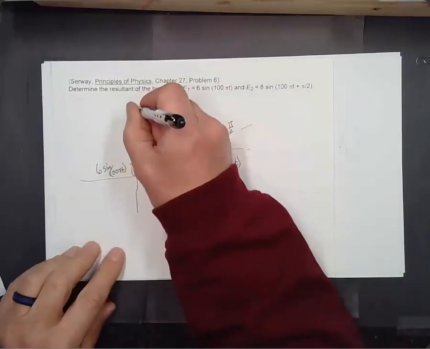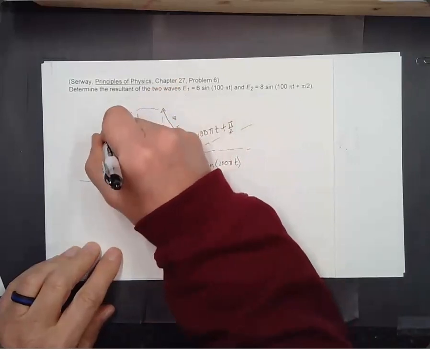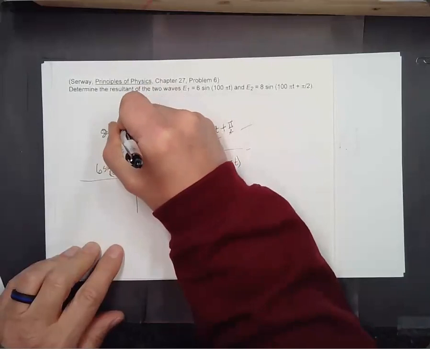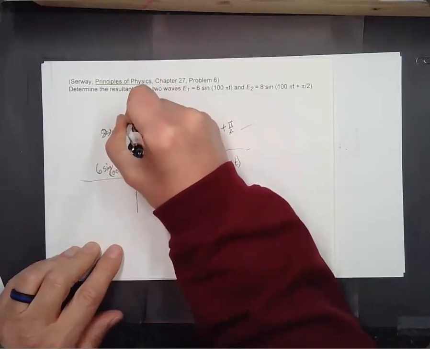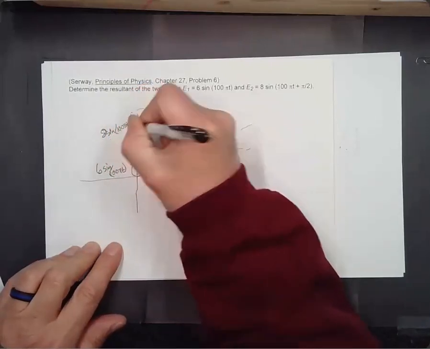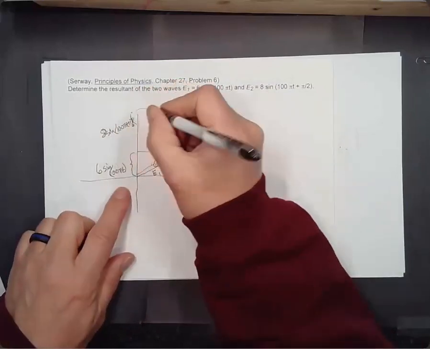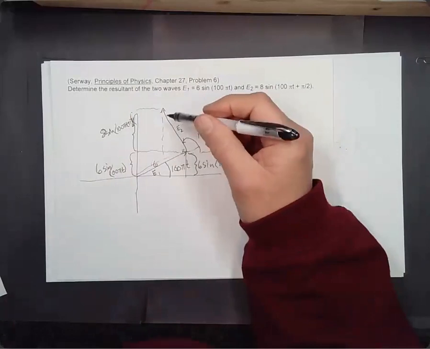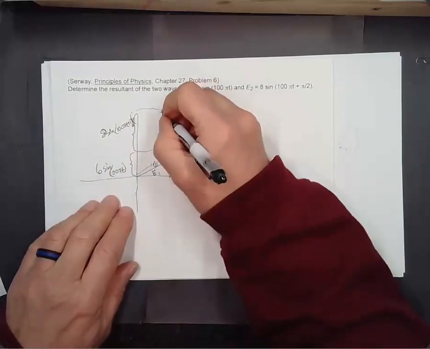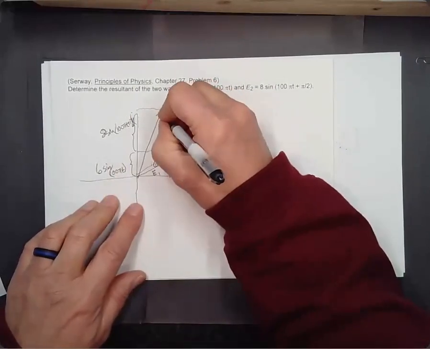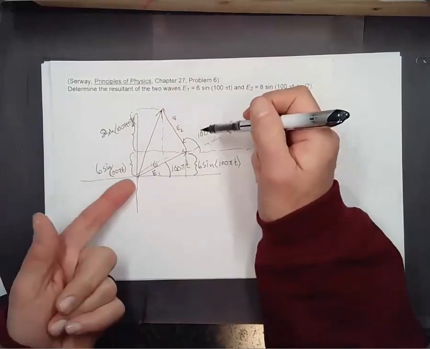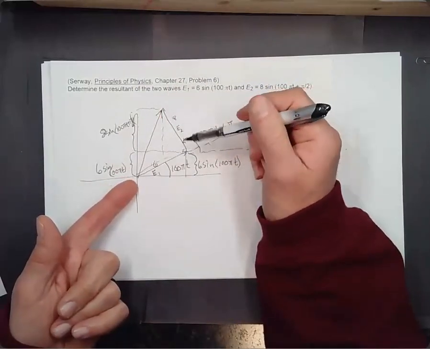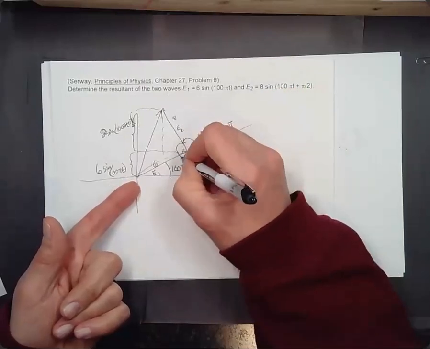So this will end up equaling 8 sine of 100 pi t plus pi over 2. Okay, that'll be this thing here. Well, the length of these two things, you don't need rocket science to do this one because this is a 90-degree angle.